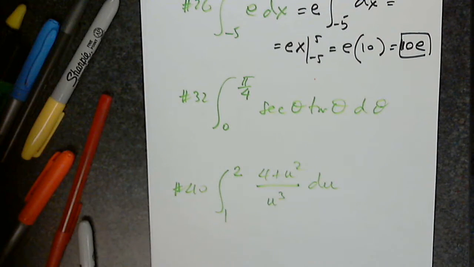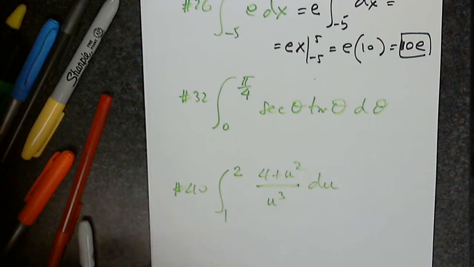We're working on the second one, 32. Do we need more time on the second one? Do we have the answer? So the cosine of pi over 4 is the square root of 2 over 2. So secant theta, tangent theta.